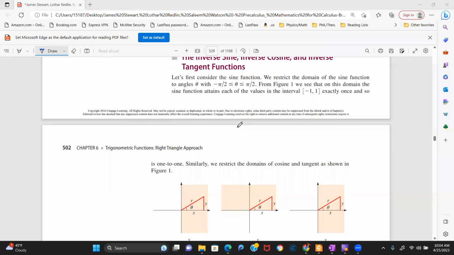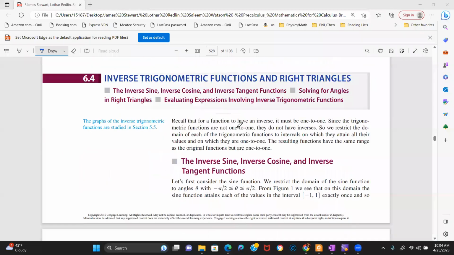All right, so the last section I want to look at in this virtual lecture is 6.4. Again, this is something we've sort of already done. We want to look at inverse trig functions, and we did this in chapter 5, and we noted that technically, if you think of the trig functions, for example sine or cosine defined on the set of all real numbers, they don't have an inverse.